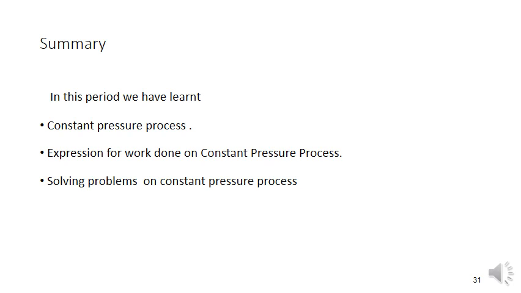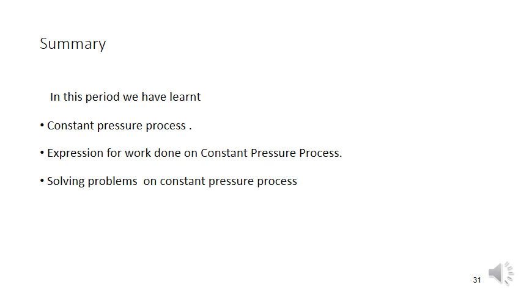Since the volume is constant, P by T is equal to a constant. Therefore we can write the relation between the initial and final states as P1 by T1 is equal to P2 by T2. As the pressure increases, the temperature also increases; as the pressure decreases, the temperature decreases.